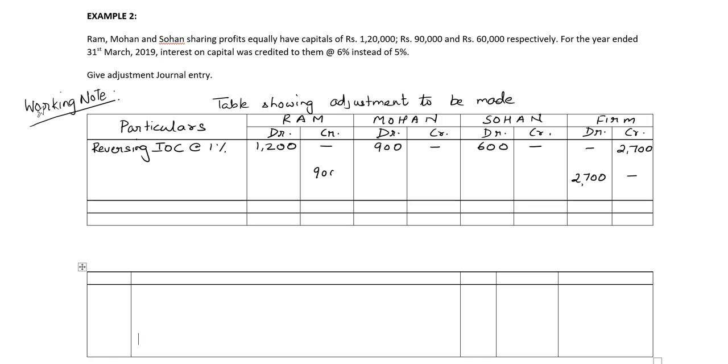So 900 credit of Ram, 900 credit of Mohan, and 900 credit of Sohan. And since I have credited the partner, I will write distribution of profit. And the ratio which I have distributed is equal, 1:1:1.